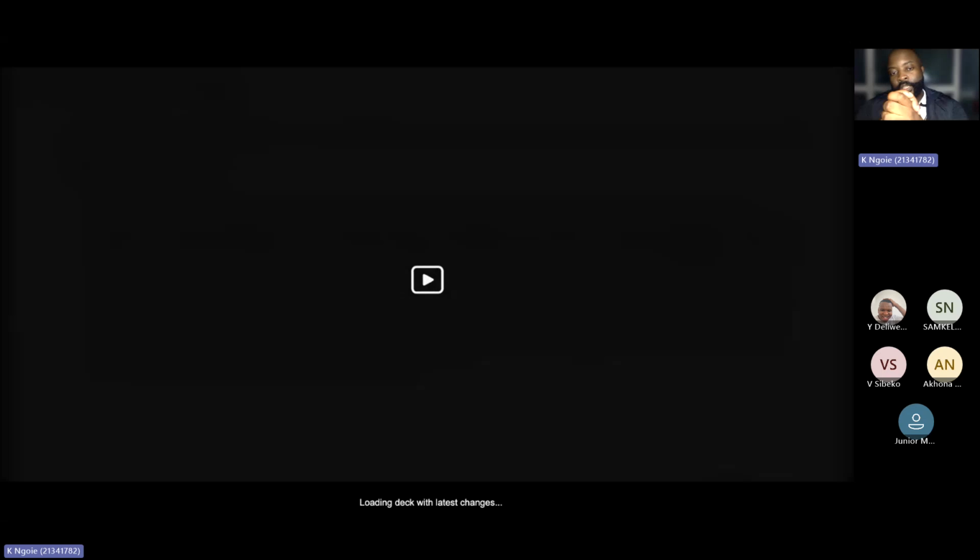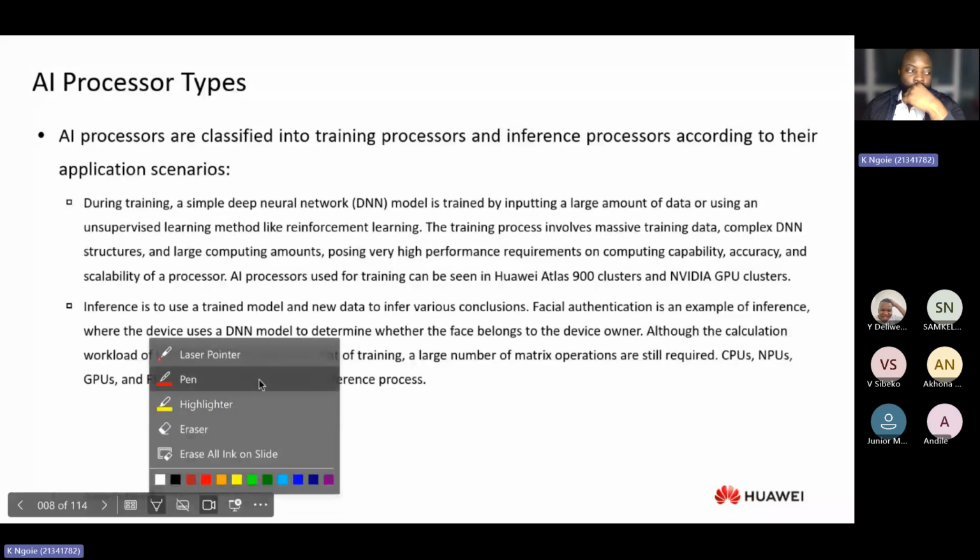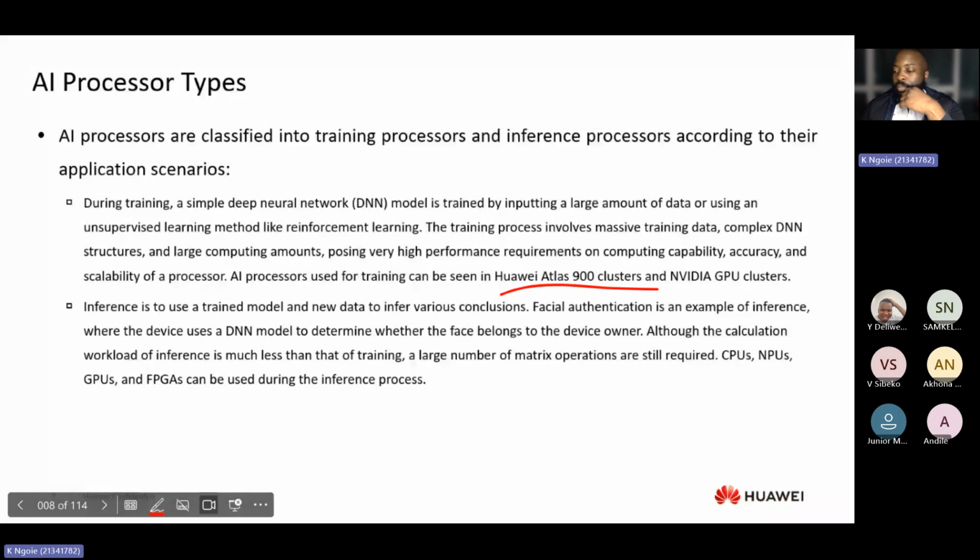When we are training the model, we're going to use processors such as the Atlas 900 cluster, which is one of the most advanced AI processors. We also have processors used in model inference, among them examples such as CPUs, NPUs, GPUs, and FPGAs.